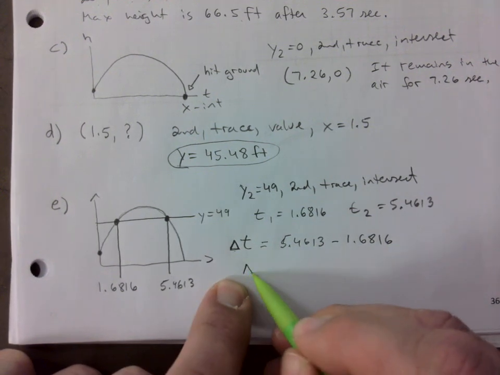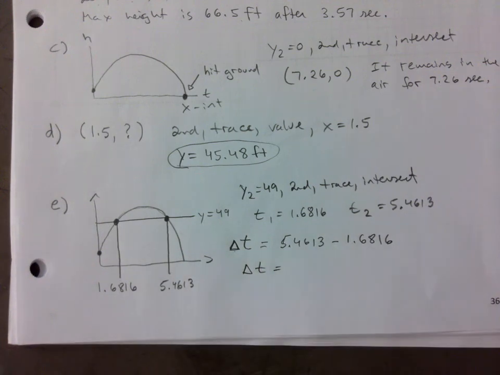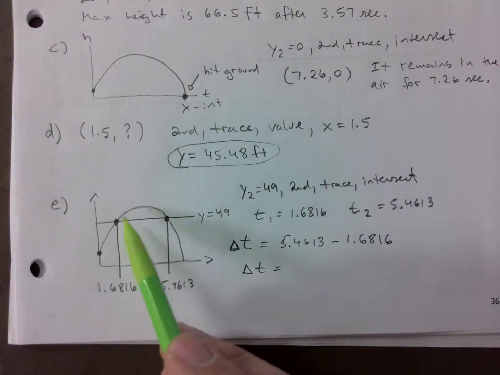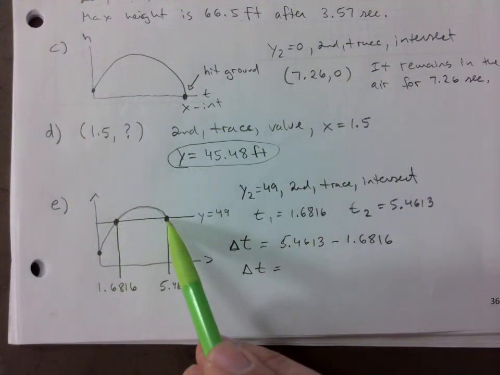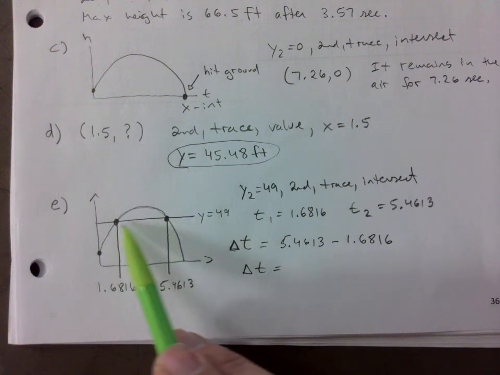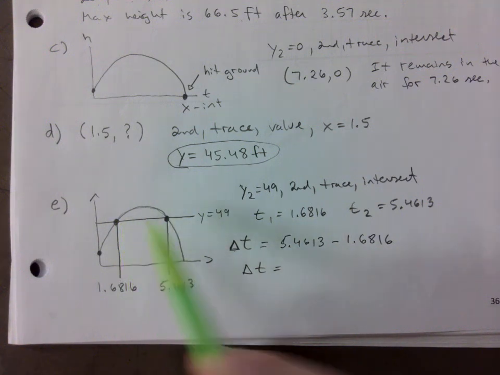1.6816. This question would most definitely be worth 2 marks, folks, a question like this. Because notice that it says, how long was it at or above? It's not just one time. It happens twice, right? It happens once on the way up and then again on the way down. So this is implying we want to know the time that's spent between.